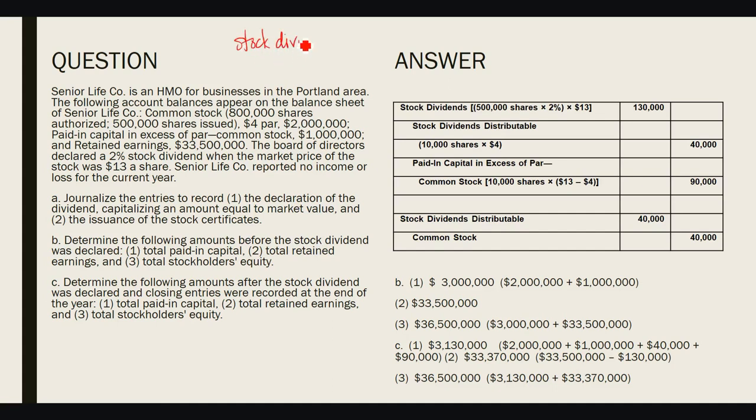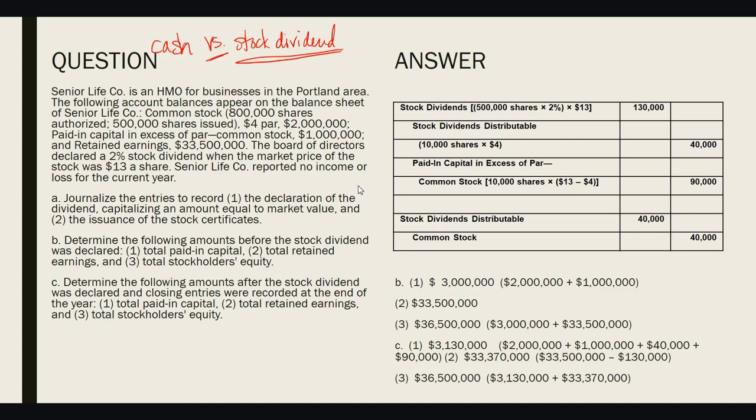Sometimes this can be a bit challenging for students, not that it's a complex concept. It's just that you've got to really pay attention to differentiate how you handle a stock dividend versus a cash dividend. They are treated differently. Do not confuse the two.